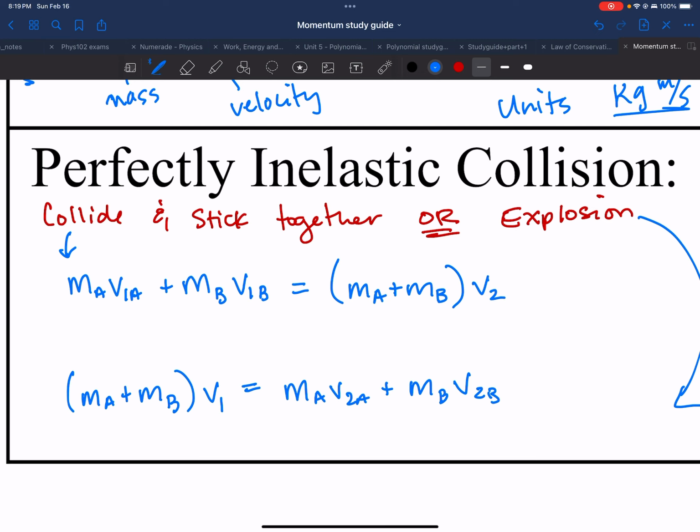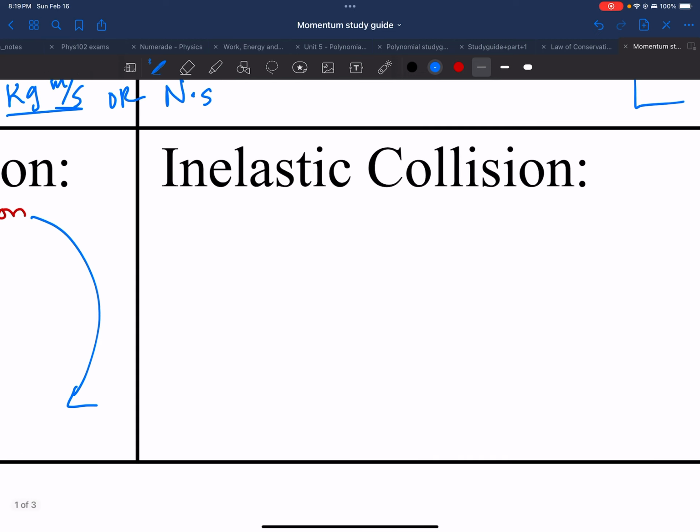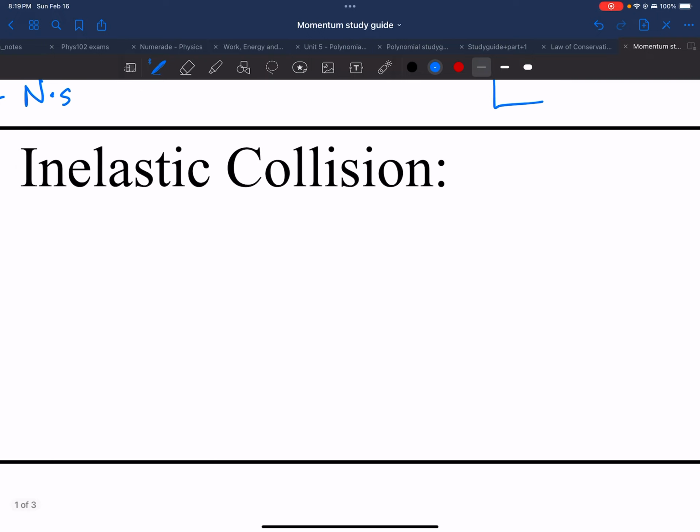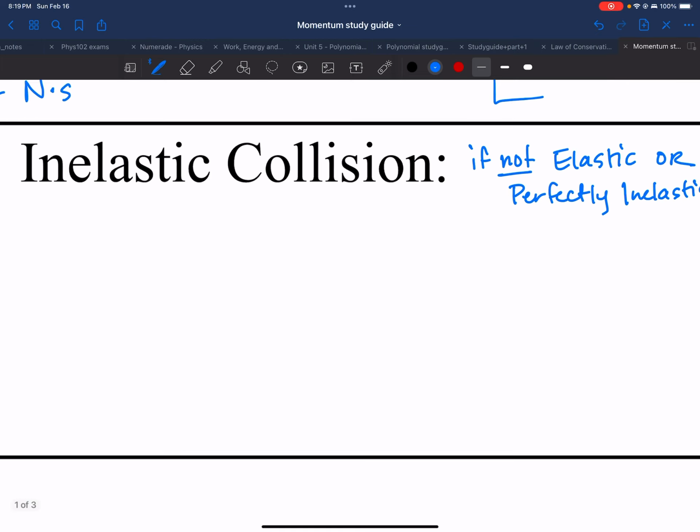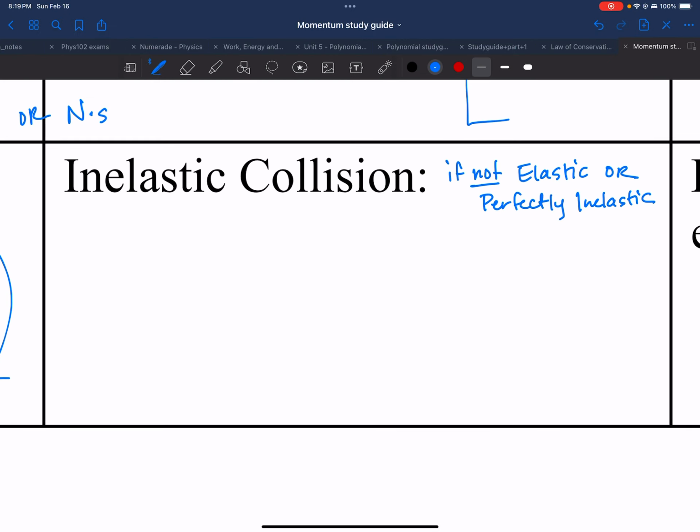Okay, let's look at inelastic collisions. This is if it's not elastic or perfectly inelastic. If it's not one of the other two, it's this one. This is just the general conservation of momentum equation.